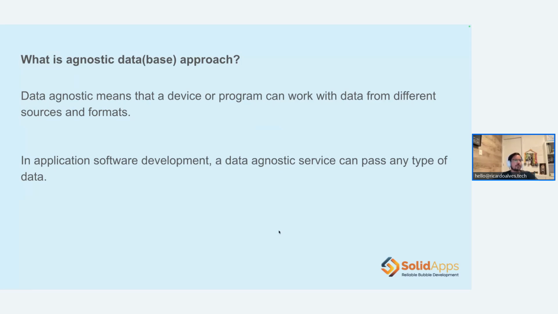So what is the agnostic database approach? If you Google this, you see that data agnostic means that the device or program can work with data from different sources and formats. In application software development, a data agnostic service can pass any type of data.